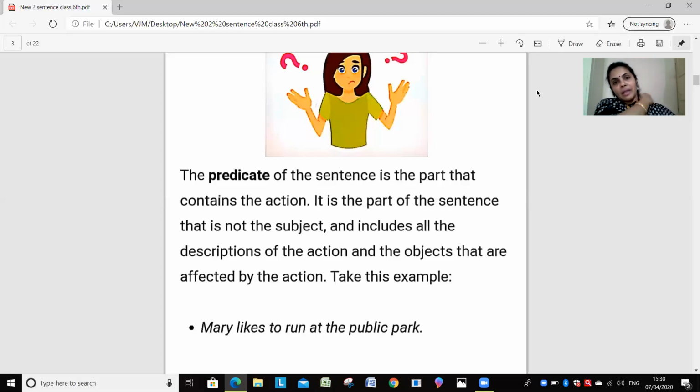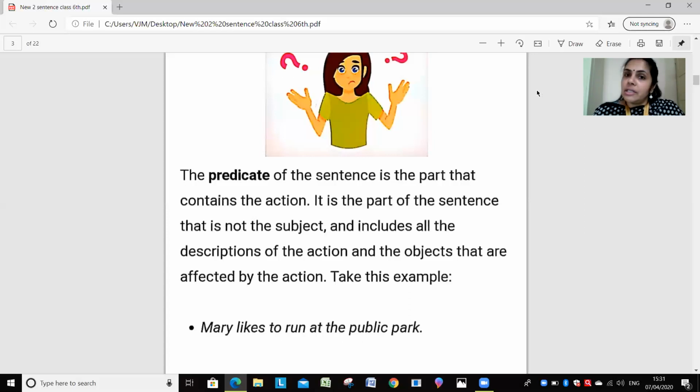So Ram becomes the subject, kicks becomes the verb, and the rest of the part also becomes the predicate, right? So in this way, predicate of a sentence is that part which contains the action. It is the part of a sentence that is not a subject, and it includes all the descriptions of the action and the objects that are affected by the action of the doer.